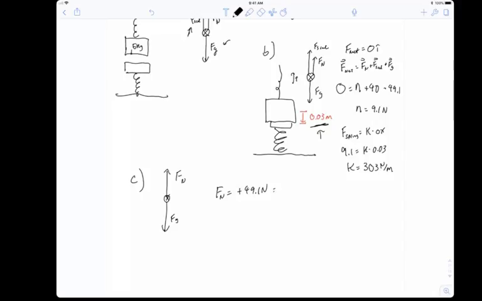We know that that's going to be equal to K times how far it's been squished. So that's 303 times how far it's been squished. So the distance it's been squished is 49.1 divided by 303. 0.16 meter. 16 centimeters.